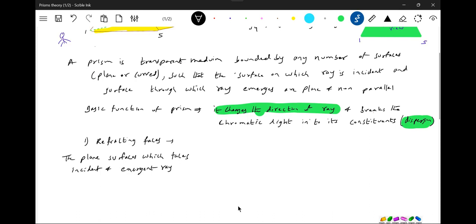So these are refracting faces. Next, the refracting edge: the dihedral angle between two refracting faces.